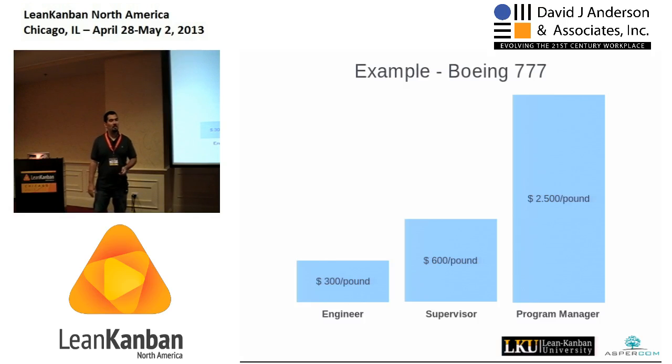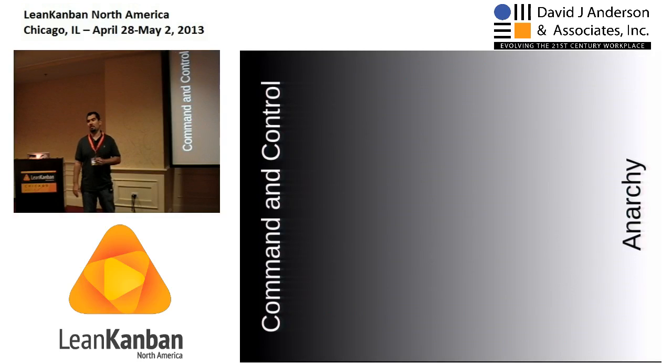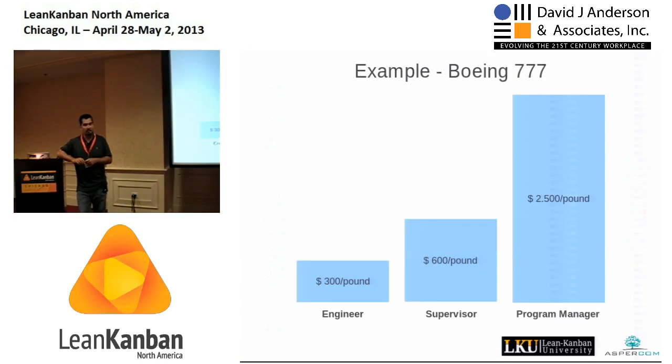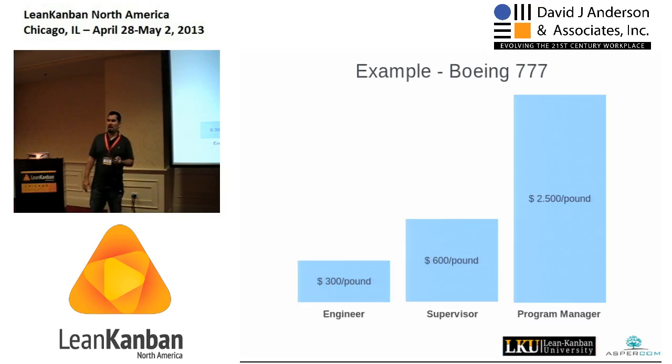The question is, which model are they using? Command control or anarchy? It's a combination. They're using both, right? What we see about decentralized control is that usually people react emotionally to the self-organization stuff, okay?